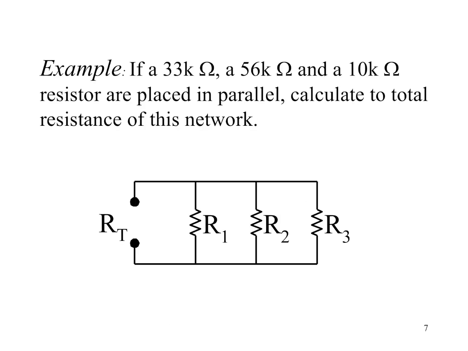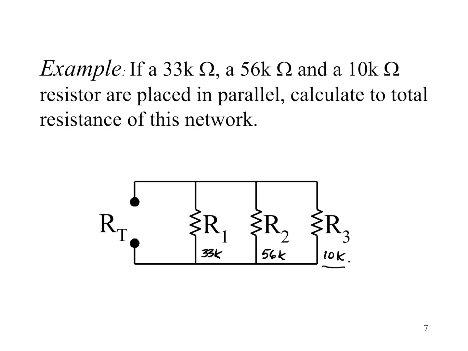So if we take this example here and label each resistance, we've got 33K, we've got 56K, and we've got 10K. It says to calculate the total resistance, and we know that based on the smallest individual value being 10K, when we're done this calculation, the result should be less than 10K.